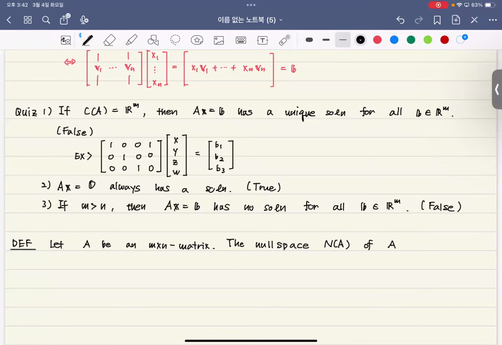The null space of matrix A is a subspace of R^n defined as just like this. This is a null space.